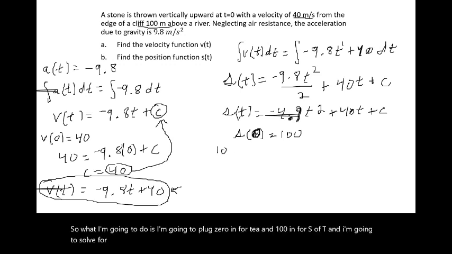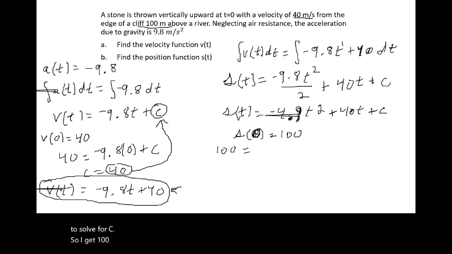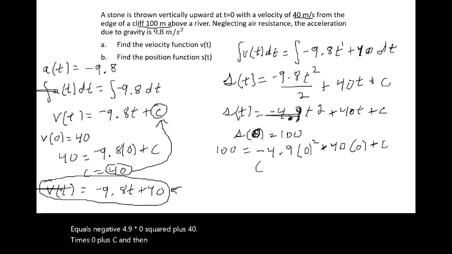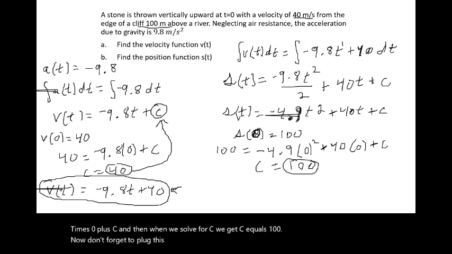So I get 100 equals negative 4.9 times 0 squared plus 40 times 0 plus c. And then when we solve for c, we get c equals 100. Now don't forget to plug this 100 back into your general solution in for c to get your particular solution.